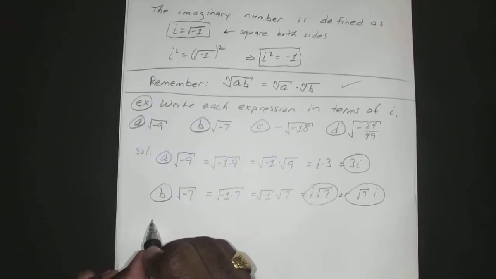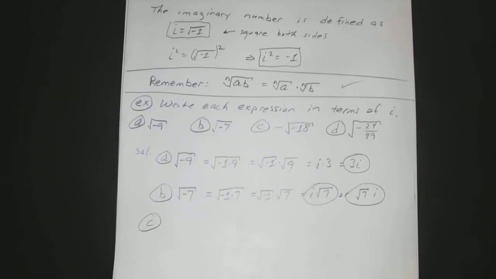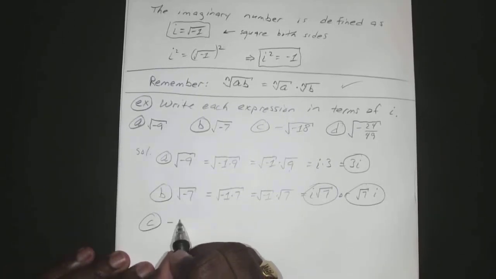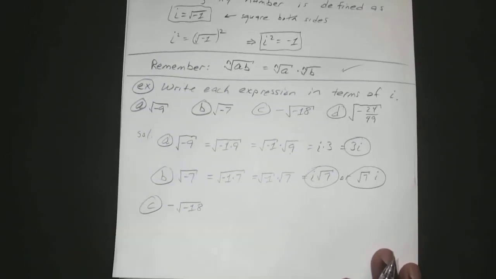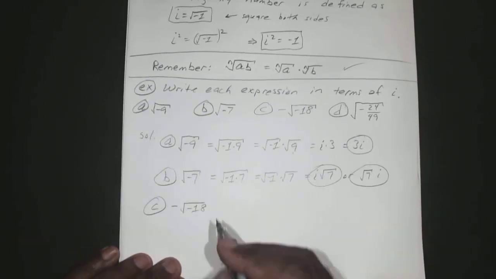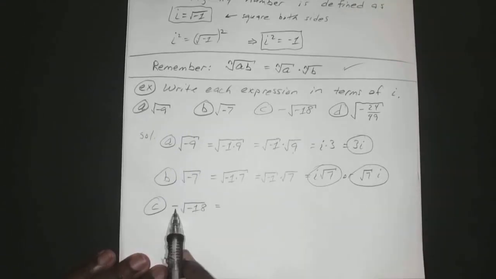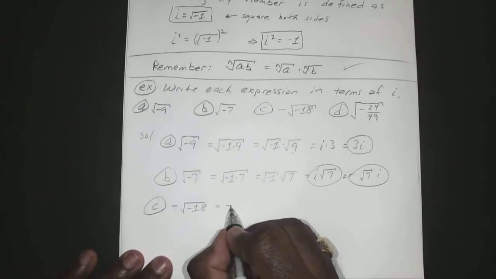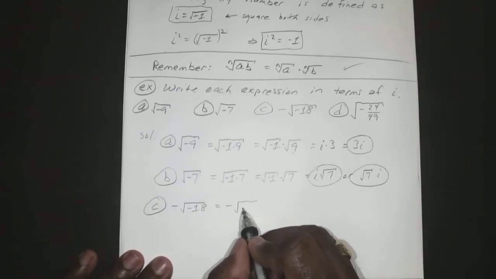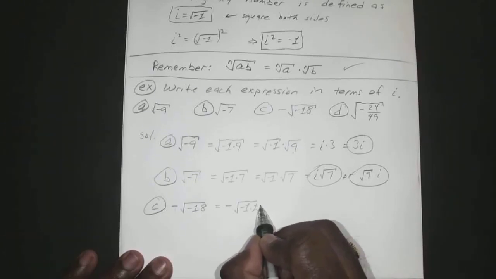All right. So for problem C, we have the negative square root of -18. Really this negative is on the outside, so that's just multiplying -1 times whatever answer you get. So that's negative the square root of -1 times 18.